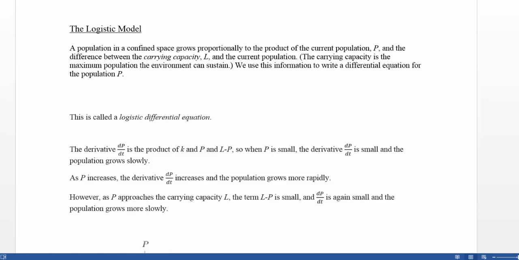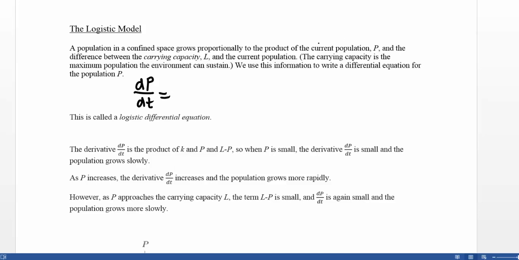So remember, carrying capacity is the maximum population that can be sustained. So we want to set up a differential equation for the population P. So population here is our dependent variable, and time t is our independent variable because we're looking at how it's changing over time. So when we set up our differential equation here, we're going to have dP/dt.